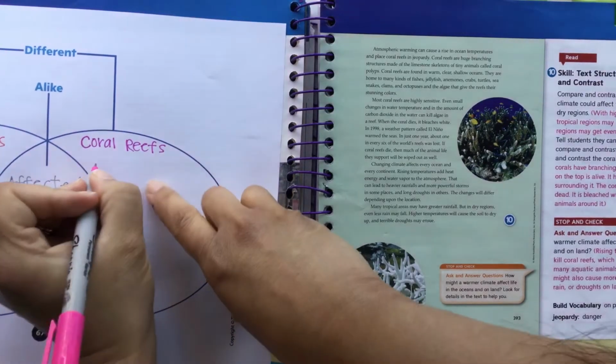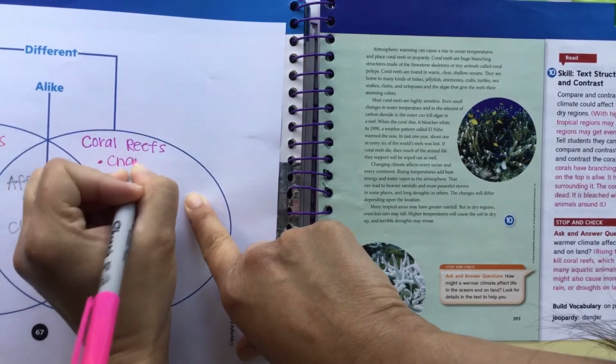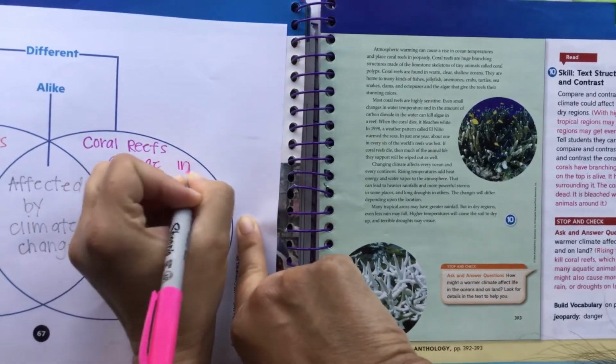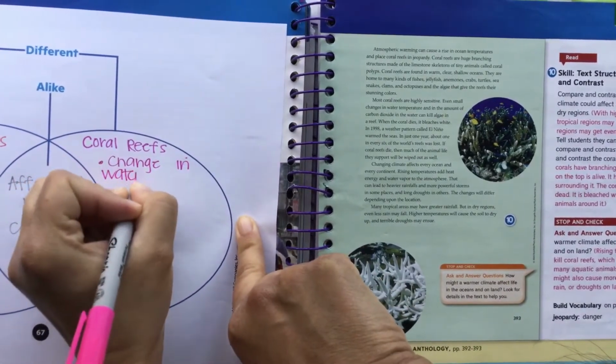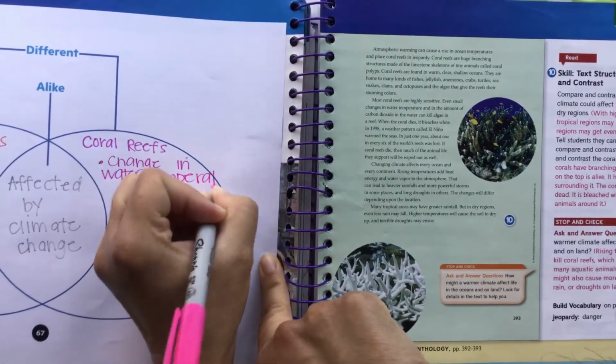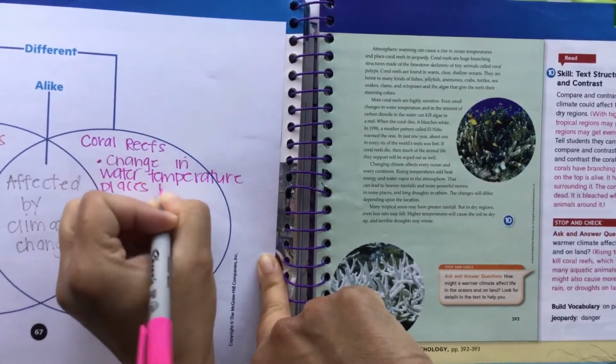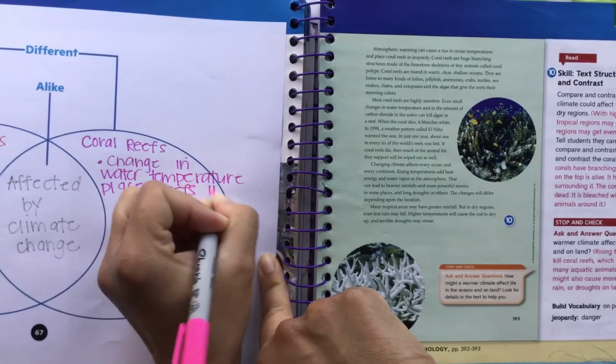Okay, so here's what we've just learned about coral reefs. Change in water temperature places reefs in jeopardy.